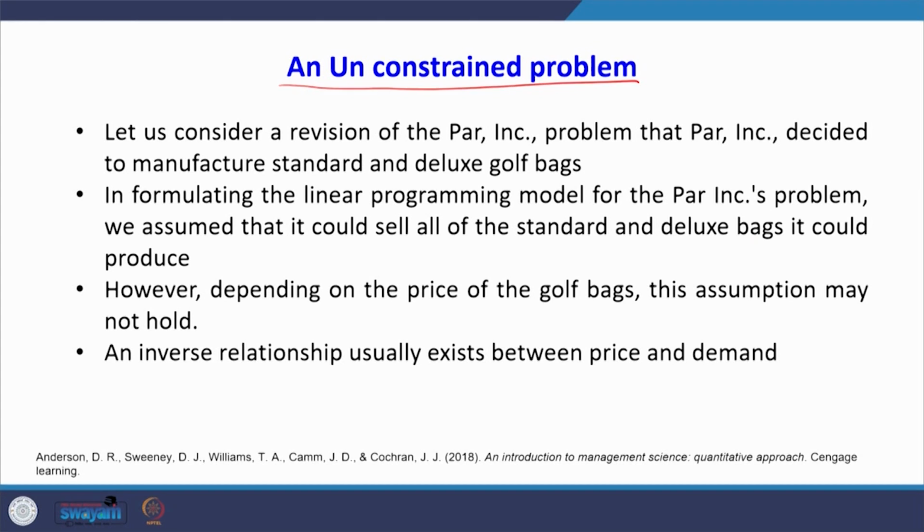That was the basic assumption in the LP model. Whatever they produce will be sold in the market. However, depending on the price of the golf bags, this assumption may not hold, because we know the law of demand: an inverse relationship usually exists between price and demand.